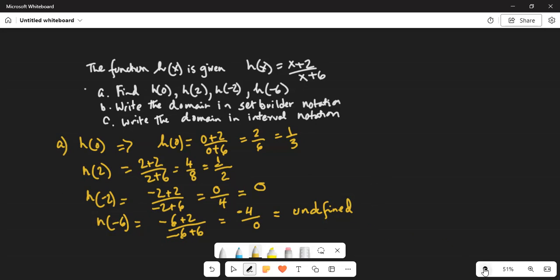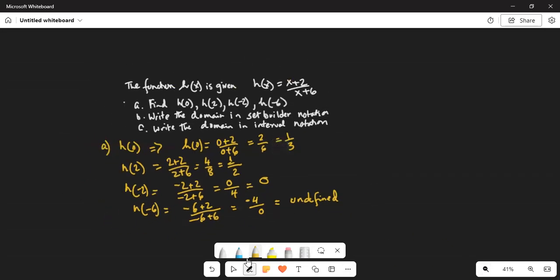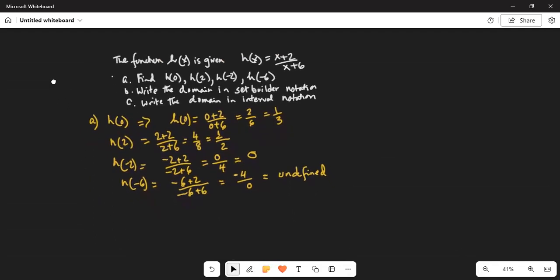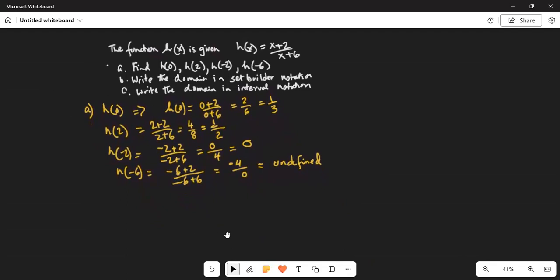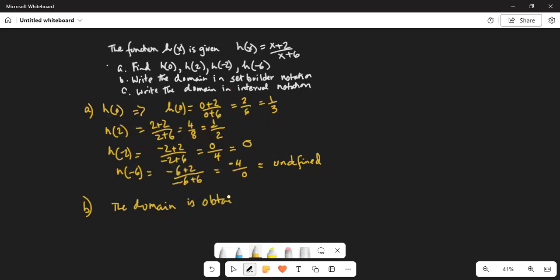Now let's focus on part B. So I'll create some space. Find the domain in the set builder notation. So part B, the domain is obtained by solving x plus 6, the denominator, equal to 0.